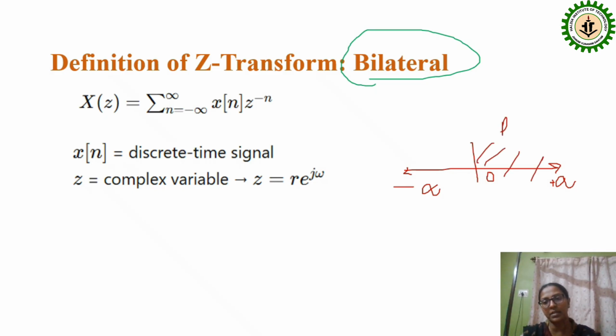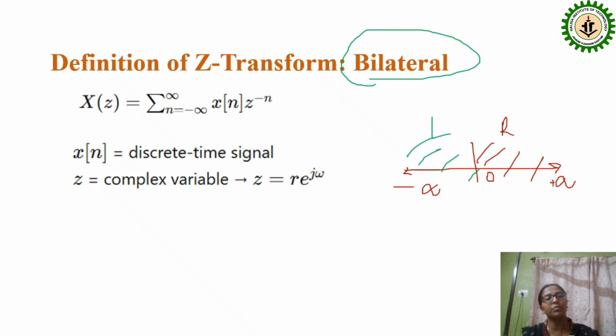From 0 to minus infinity is the left side. So the Z transform holds its limit from minus infinity to plus infinity. That's why we call it bilateral.